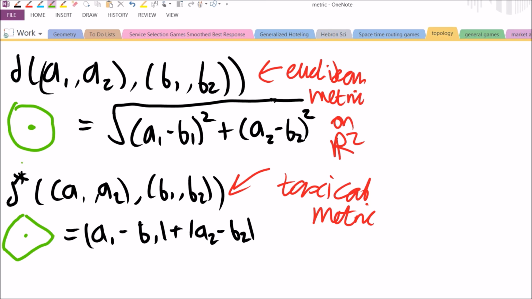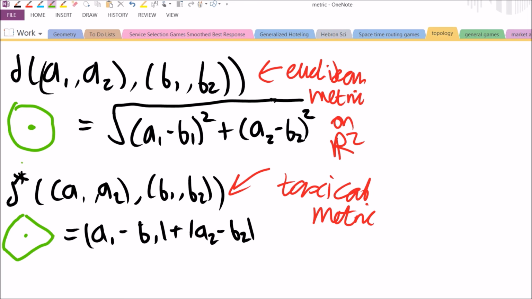That means that the metric space induces a topology. So, what kind of topologies on the plane do these two metric spaces induce? Well, surprisingly, they actually both induce the same topology, the Euclidean topology on the plane. So, sometimes different metrics can induce the same topology.